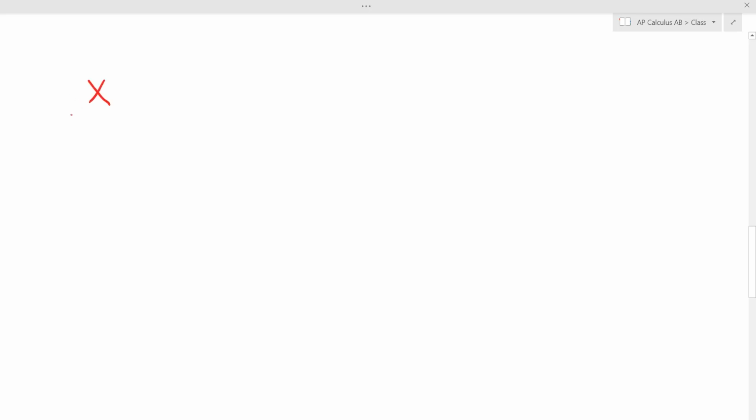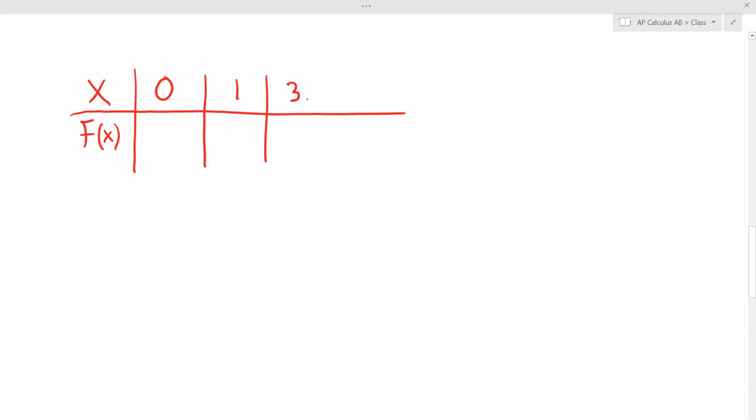Okay, so on the AP test and in real life sometimes you just have a table of data. A lot of times they give it to you like this, where they'll give you x's. I'm just making up some random x values here, and we'll go to 8 maybe. All right, so those are some x values we happen to know. The y values, we'll say we know these are 4, 2, 7, 5, 1, and I don't know, 3.